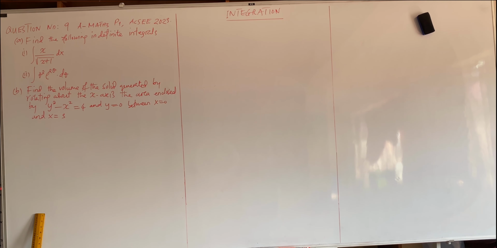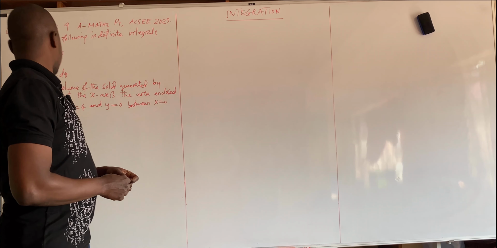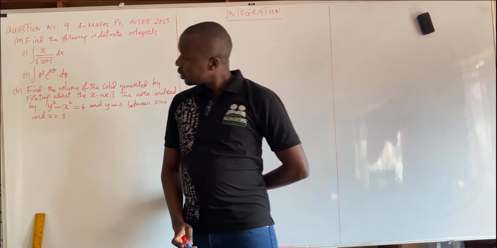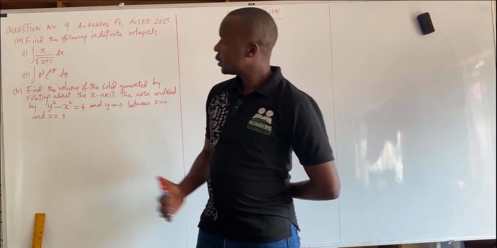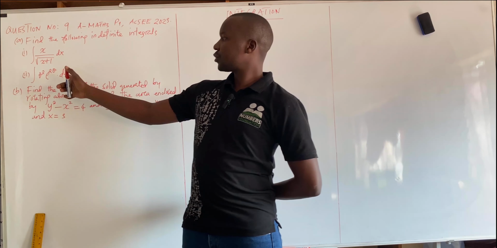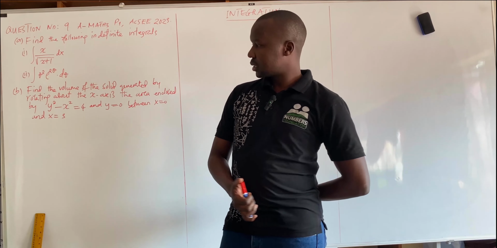Roman 1: integrate x over the square root of x plus 1 with respect to x. Roman 2: integrate theta squared e raised to 2 theta with respect to theta.